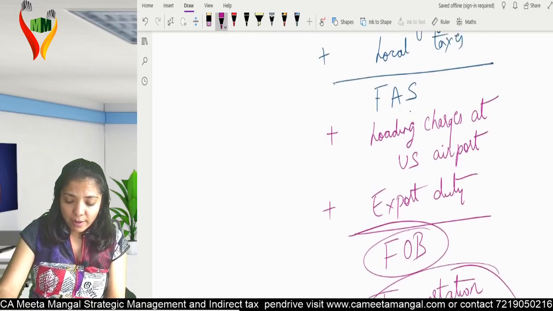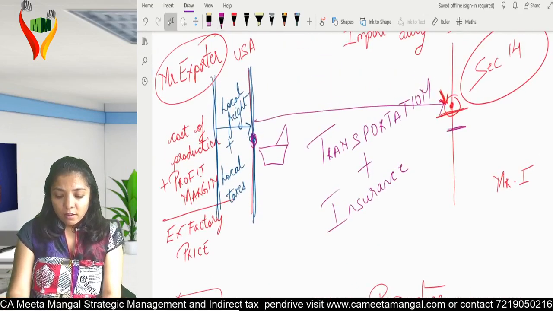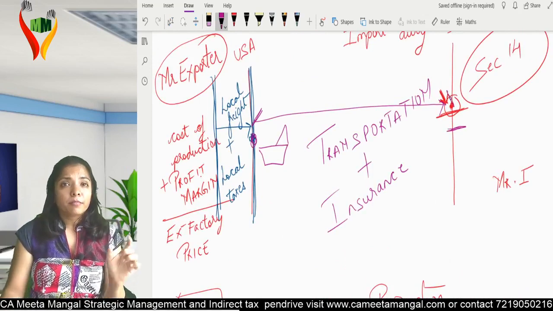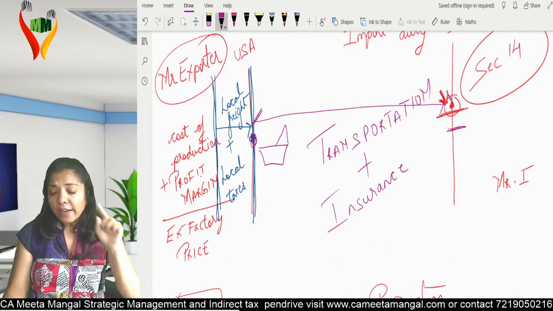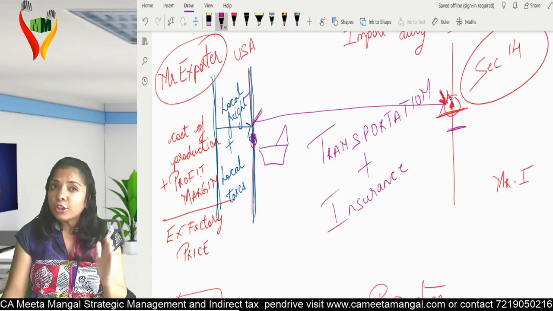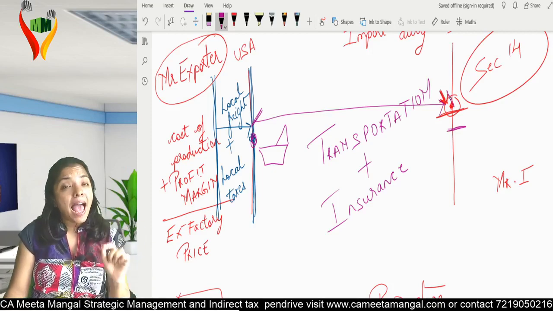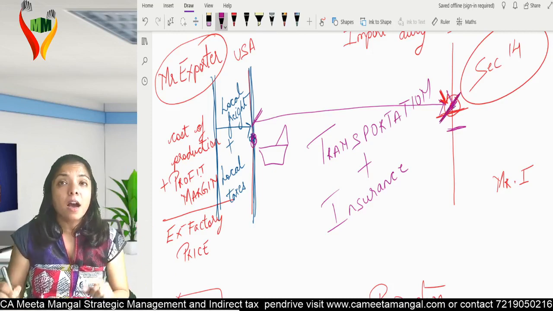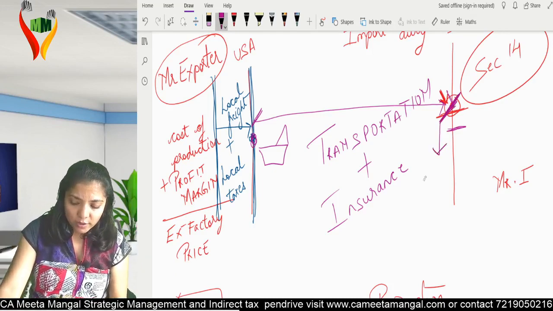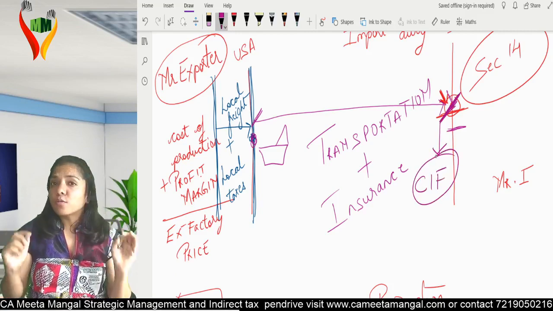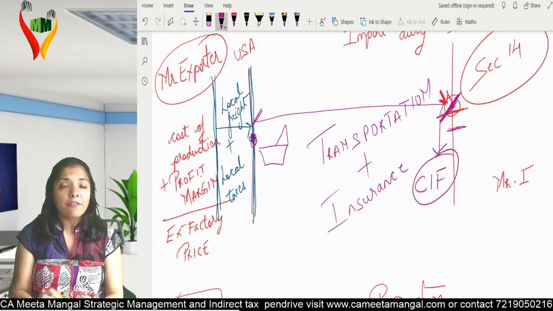If I go again with my diagram, to bring the goods from US port to India port, you must have incurred transportation cost and insurance cost, and after adding both costs, you will get the value at the India port, and this value is called CIF.